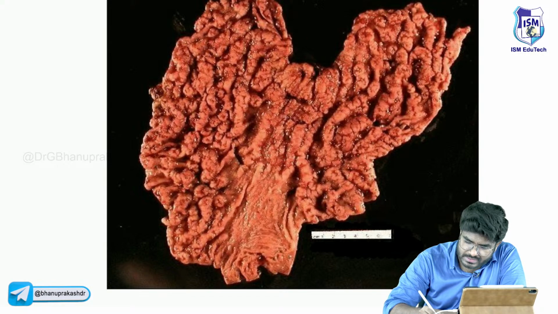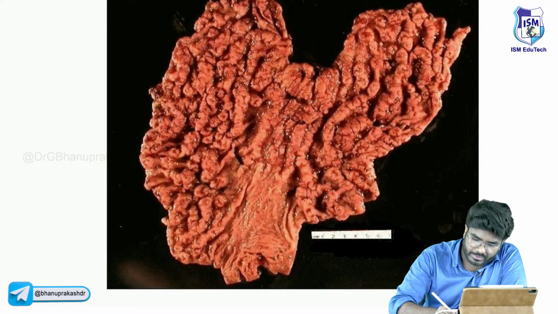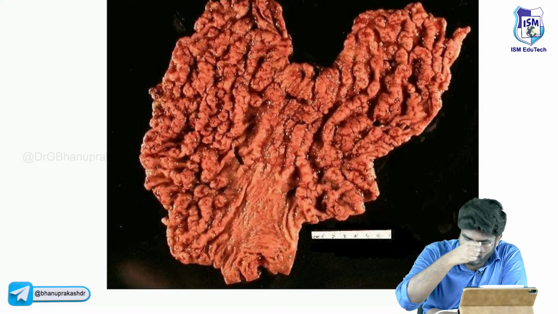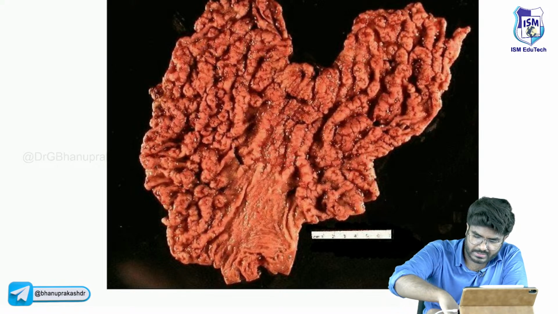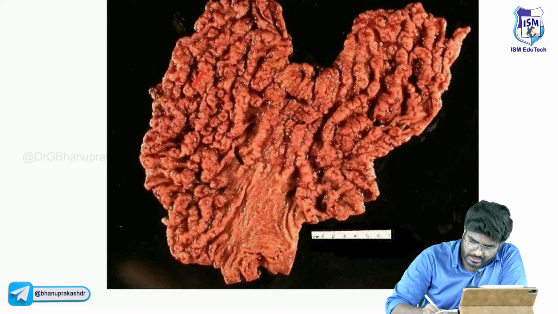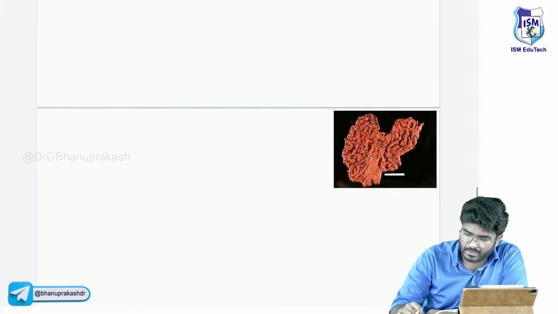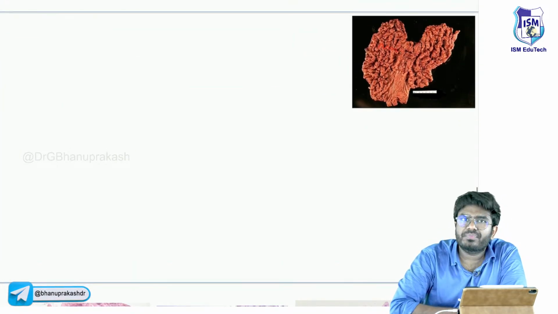You can very clearly see a gyri and sulci kind of appearance. This is called the cerebriform appearance of the gastric rugae.